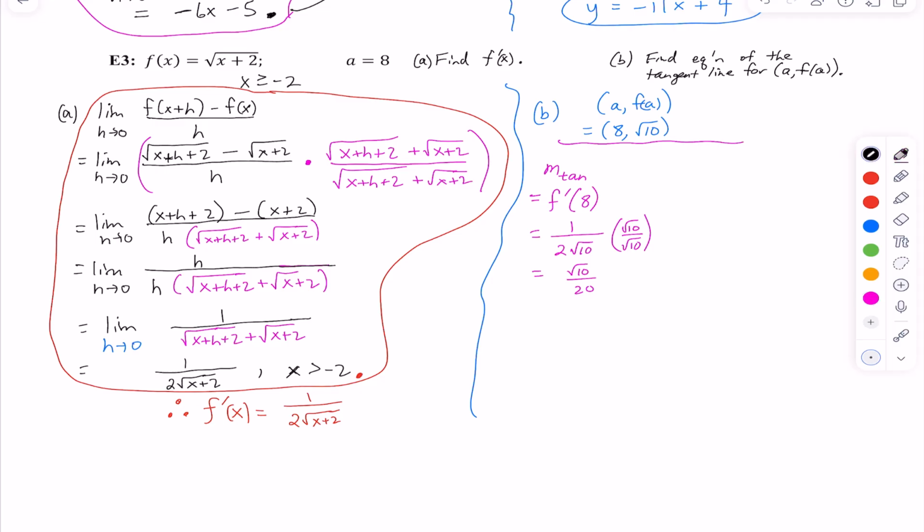So one more procedure here. We have the slope, and we have the ordered pair. So we're going to use the point-slope formula to get an equation of the tangent line in the form of y equals mx plus b.